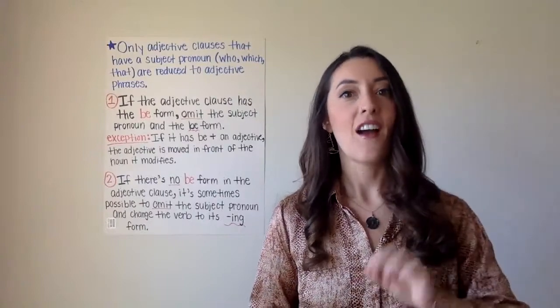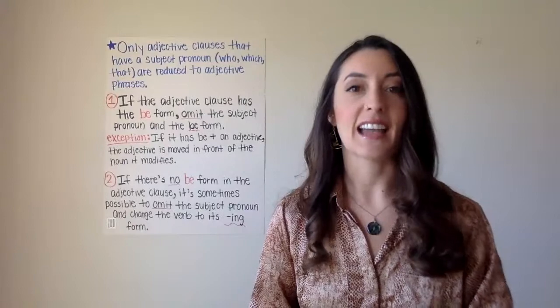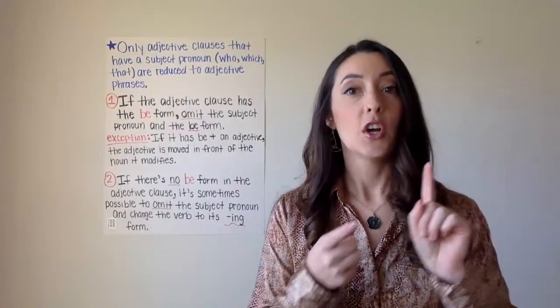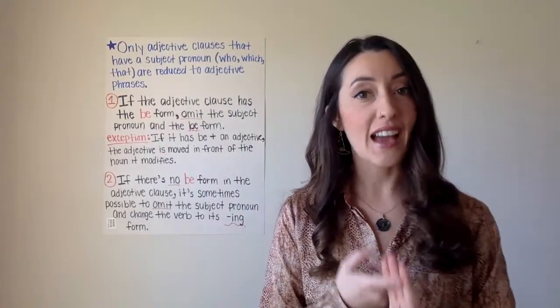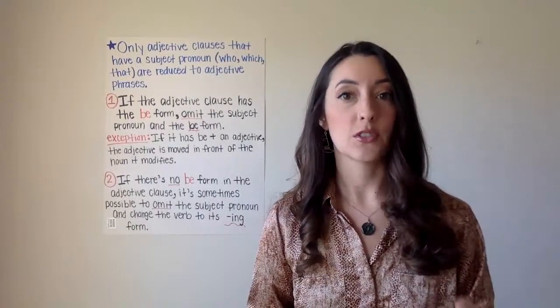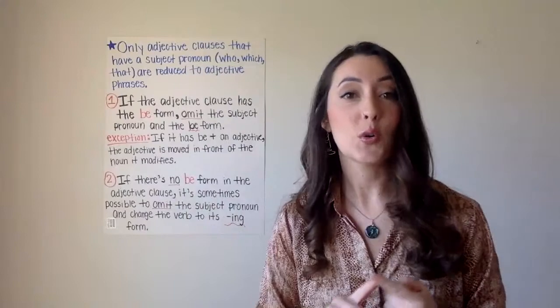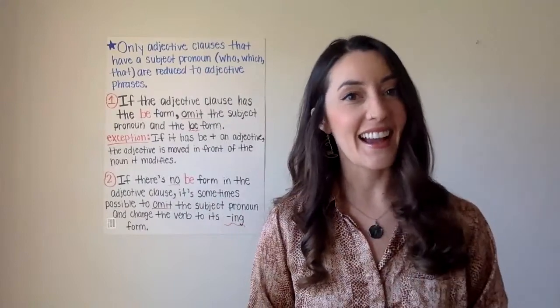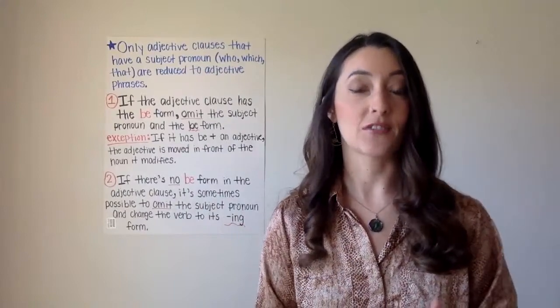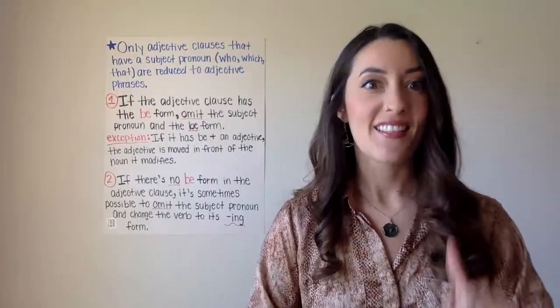One more time. Only adjective clauses that have a subject pronoun, who, which, or that, are reduced to adjective phrases. If it does not have who, which, or that, it cannot be reduced to an adjective phrase. Okay, that's very important, the most important.